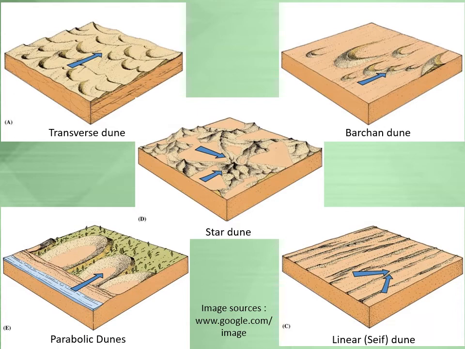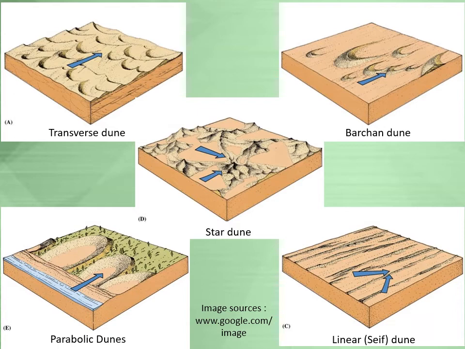When these transverse dunes are detached from each other, that is those U's become isolated, then they form the Barkhan dunes. That means here the U's are isolated with each other, they are not connected with each other.